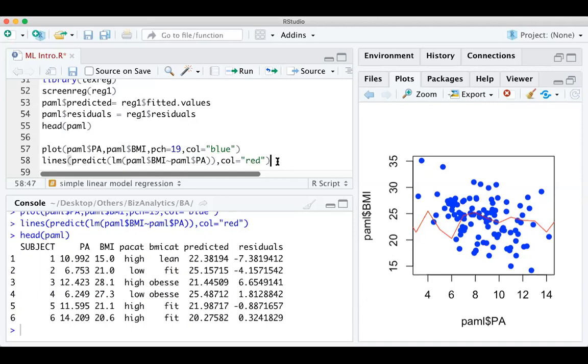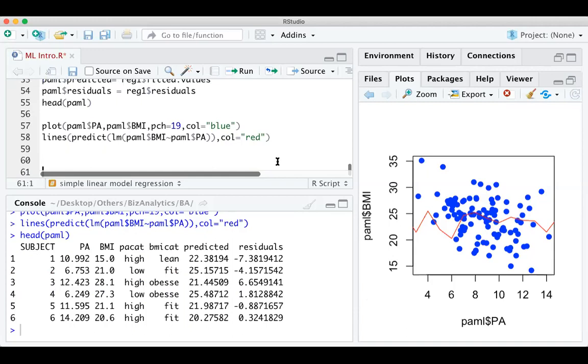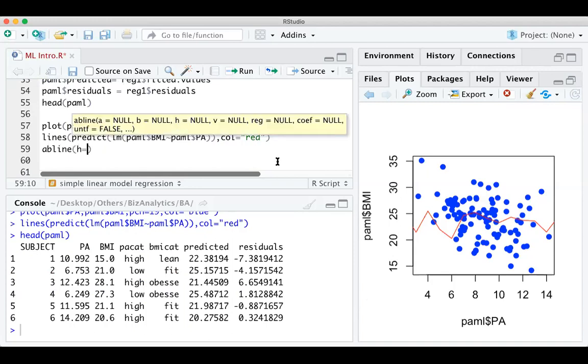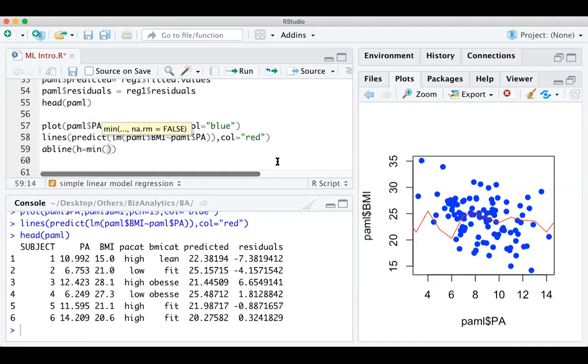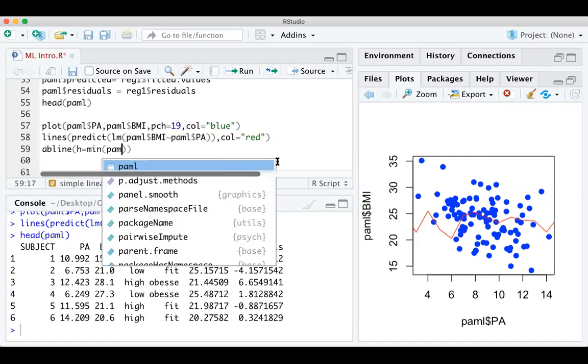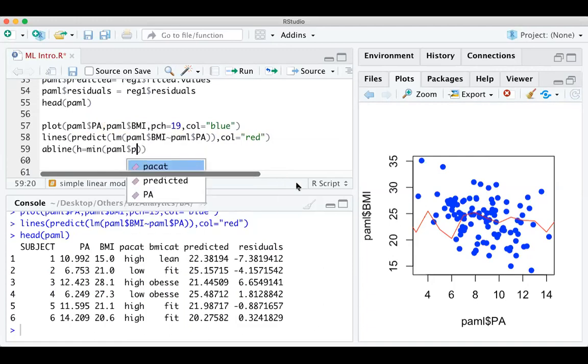How do you make it? Okay, so if you go here, you can say abline, it's a horizontal line, right? h equal to min of your predicted score. So how do you get the predicted score? We can take the predicted score with PAML dollar predicted, right?